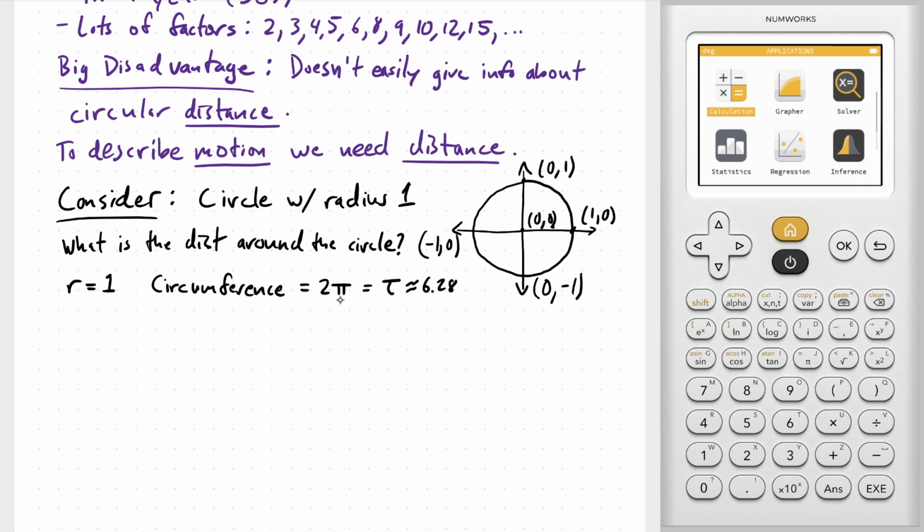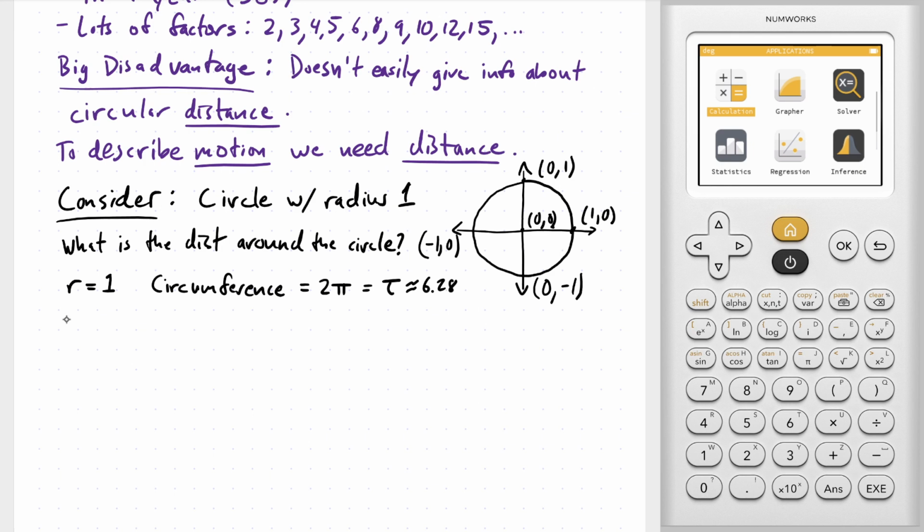So we'll mostly be using pi in this class, but I think it's also worth knowing about the constant tau. Tau is just equal to 2 pi, and some people prefer to use tau, but most textbooks use 2 pi, so we'll stick mostly to pi.